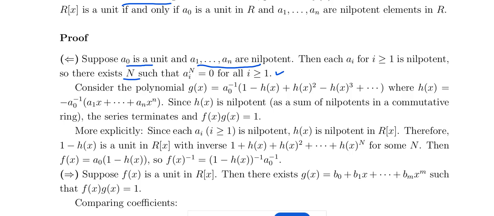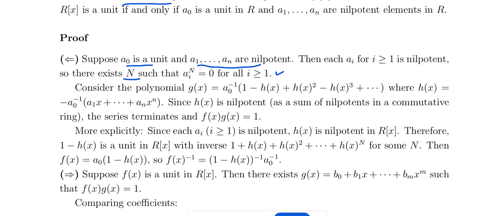So consider the polynomial g of x, which looks like a naught inverse, because a naught into some element equals 1, times 1 minus h of x plus h of x square minus h of x whole cube and so on. What is a naught h of x? h of x here is in the form of minus a naught inverse into a1 x and so on up to an x power n.